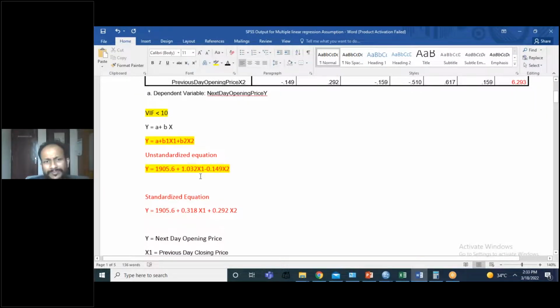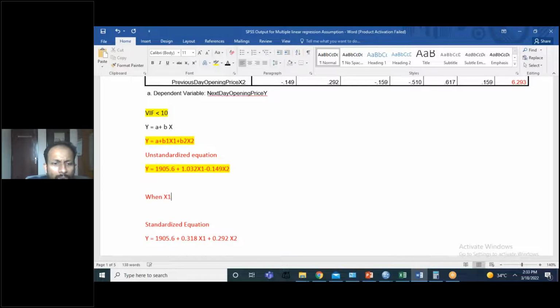It indicates that when x1 increases by 1 unit, y increases by 1.032 units. This is how you have to interpret it.